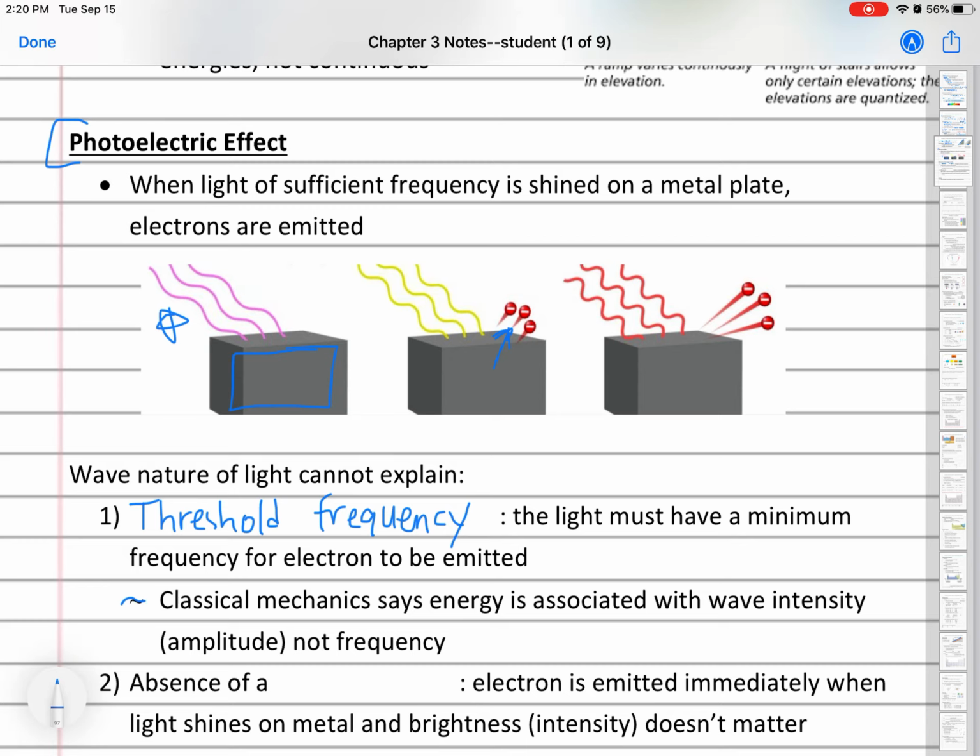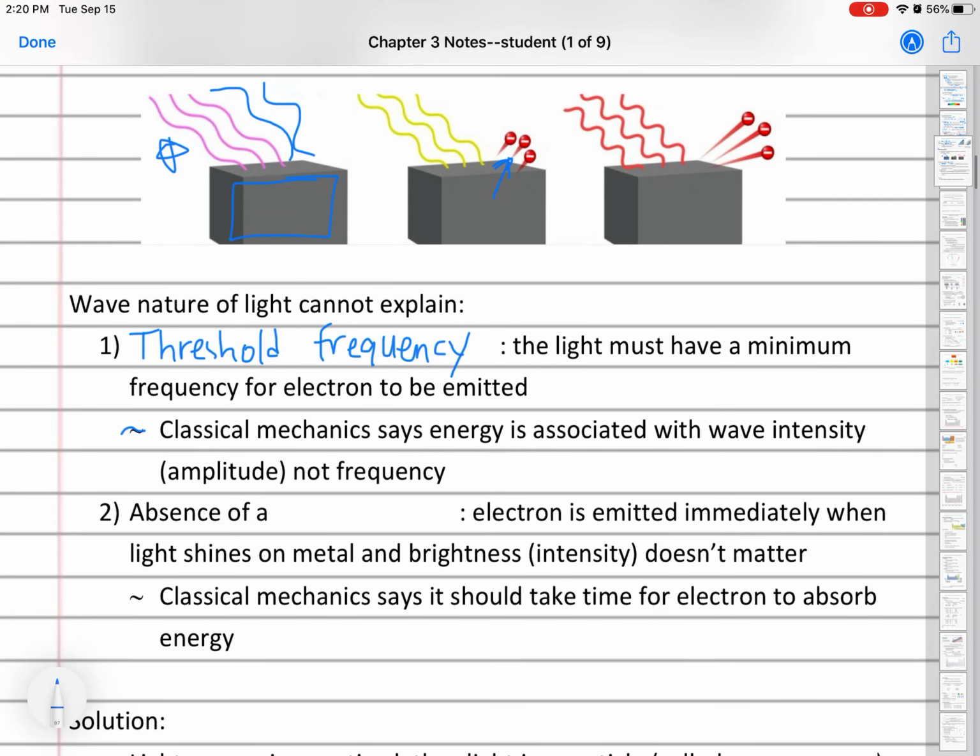So they would say that if you just turned the light up brighter, all right, had more of these, then you would get electrons popping off. But that's not true. If it doesn't meet the threshold frequency, it doesn't matter how long you shine the light, it's not going to work. So that's weird and inconsistent with what classical mechanics predicted.